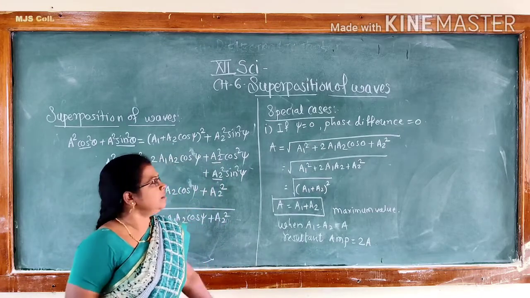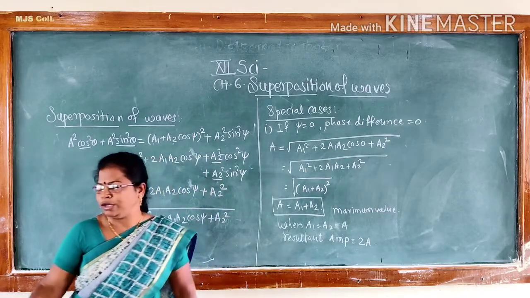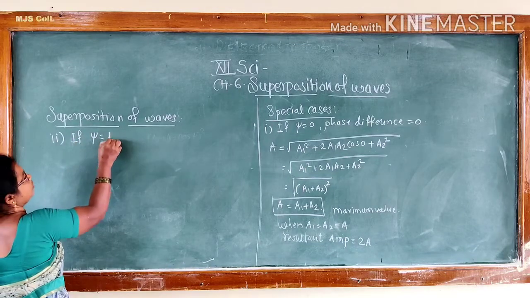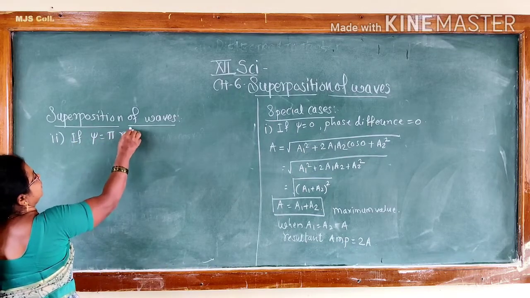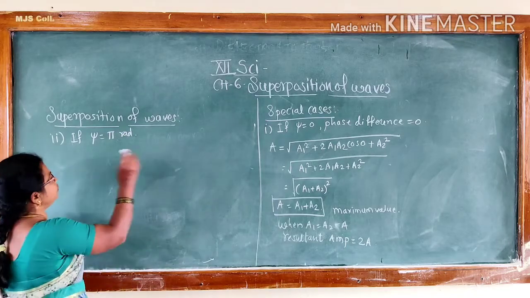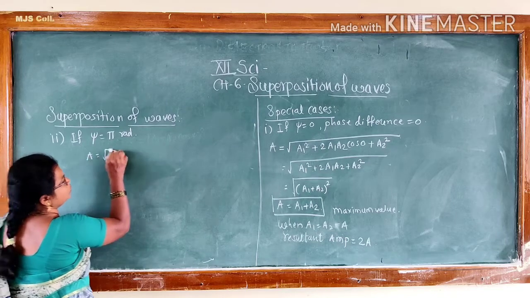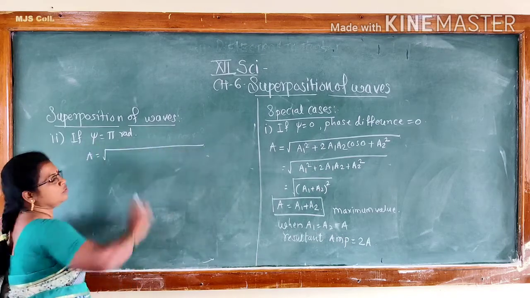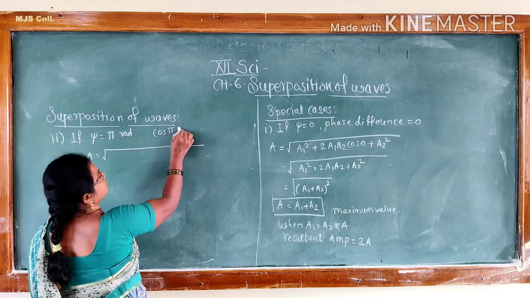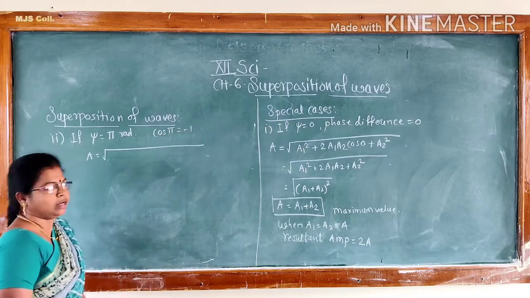Then the second one: if psi is equal to pi, right? Then what is the value of the resultant amplitude? A is equal to the square root of, since psi is equal to pi, cos pi is equal to minus 1.